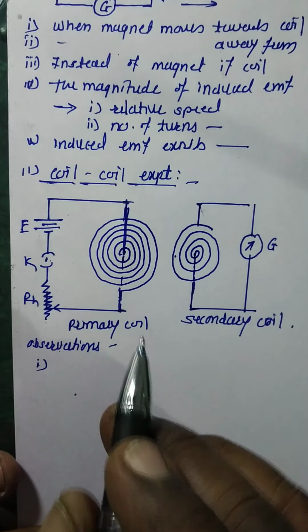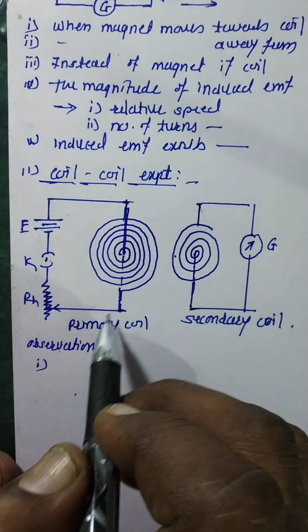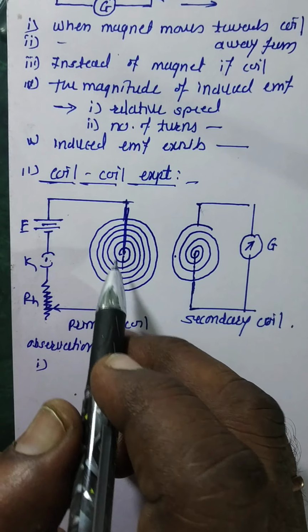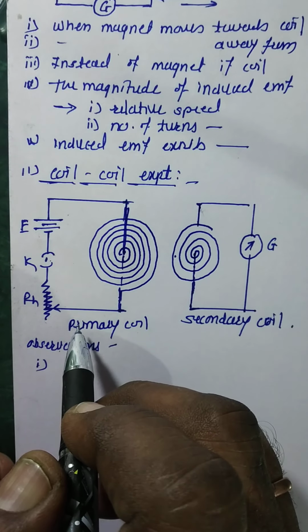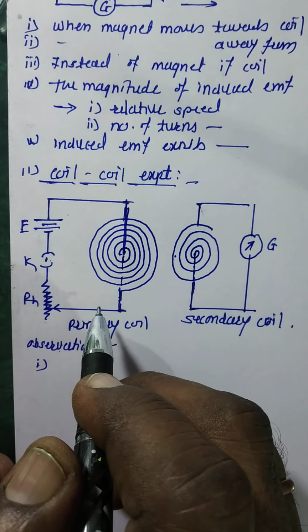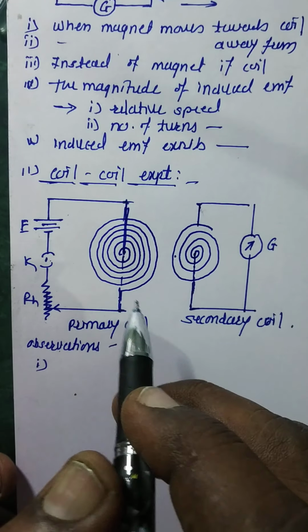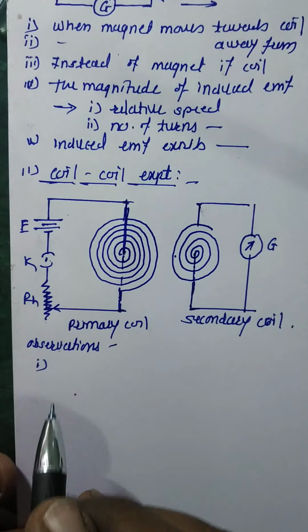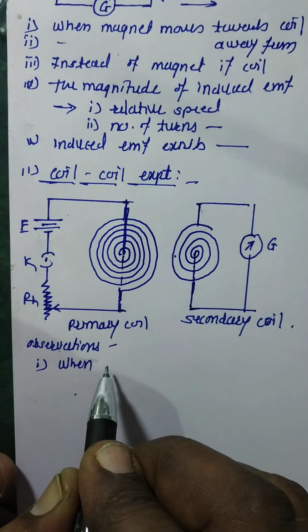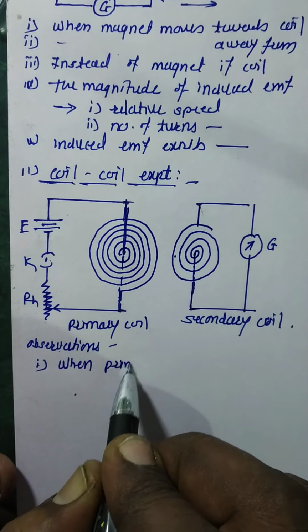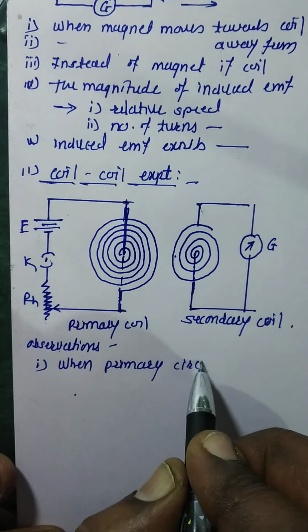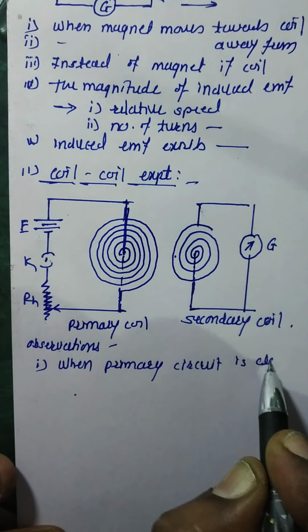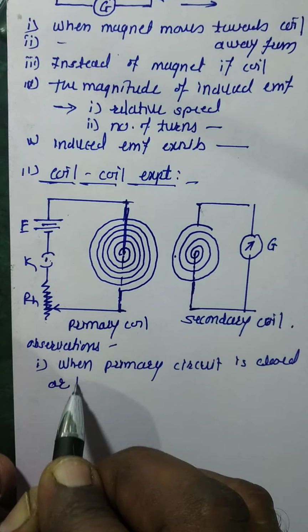First, when current passed through primary coil, then galvanometer shows momentary deflection when circuit is closed or broken.